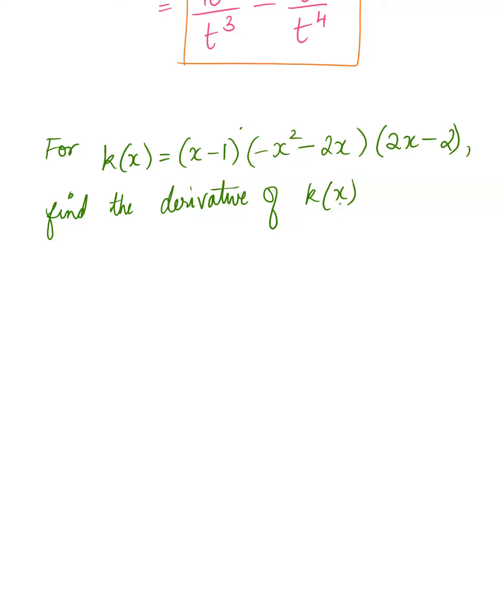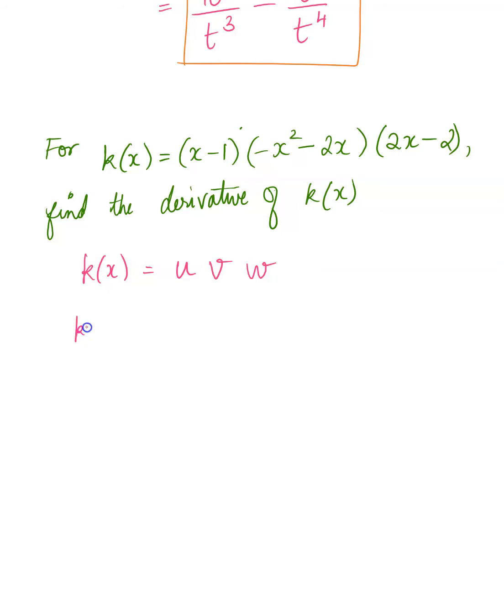So if I have 3 functions, let's say k of x is u times v times j. If you want w, we can use w: u, v, w. Is that helpful? Okay.